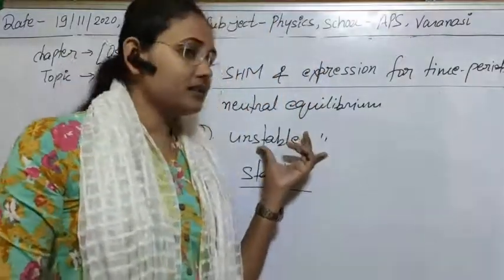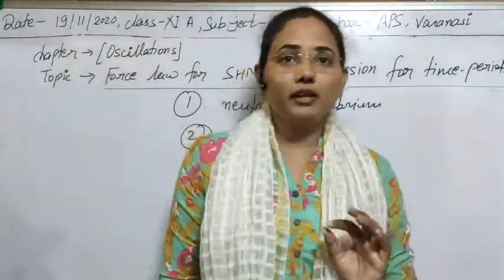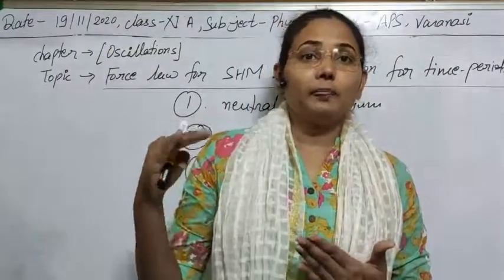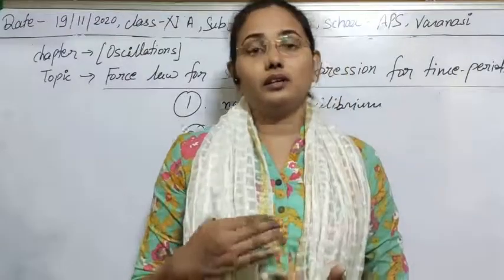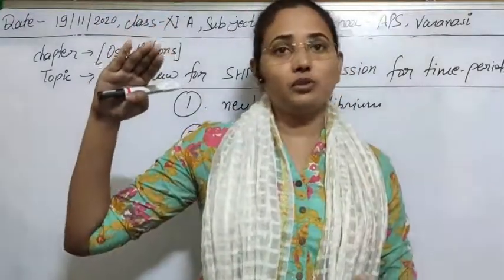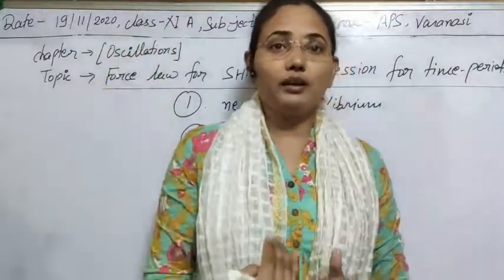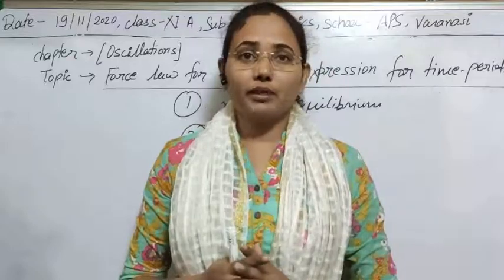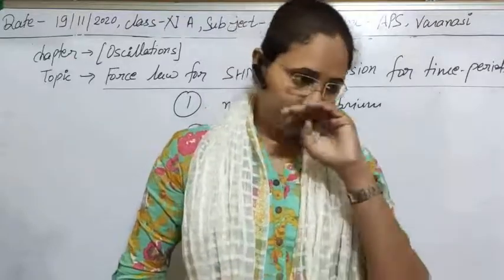The second case is unstable equilibrium. If we displace the body, and all the forces act in the direction of displacement, then the body will go in the direction of displacement only. It will not try to come to its original condition. Such types of equilibrium are unstable equilibrium.